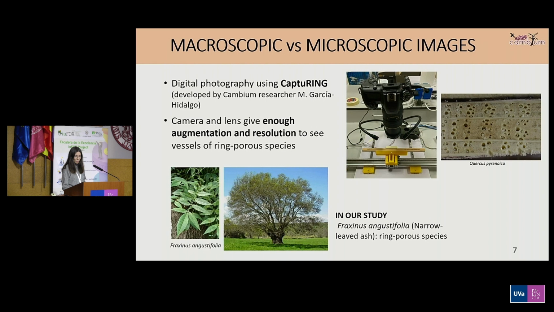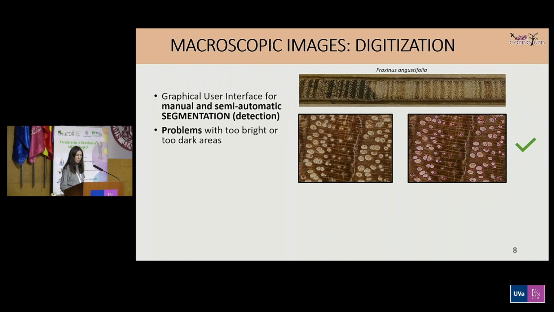What we did was, first of all, take pictures of the cores using Capturing. When we had the cores digitalized, we used graphical user interface software to first of all detect or segment the xylem vessels manually. Then the software will try to replicate this pixel classification and detect the vessels by itself.